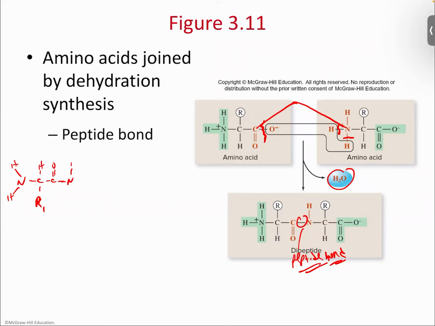So this one will have a hydrogen here. My central carbon, I'll put the H up there. My next R group will be down here. Here's my next acid, which is still linked to another nitrogen. My central carbon. Here's my third side chain. There's my H right there. Here's my acid.